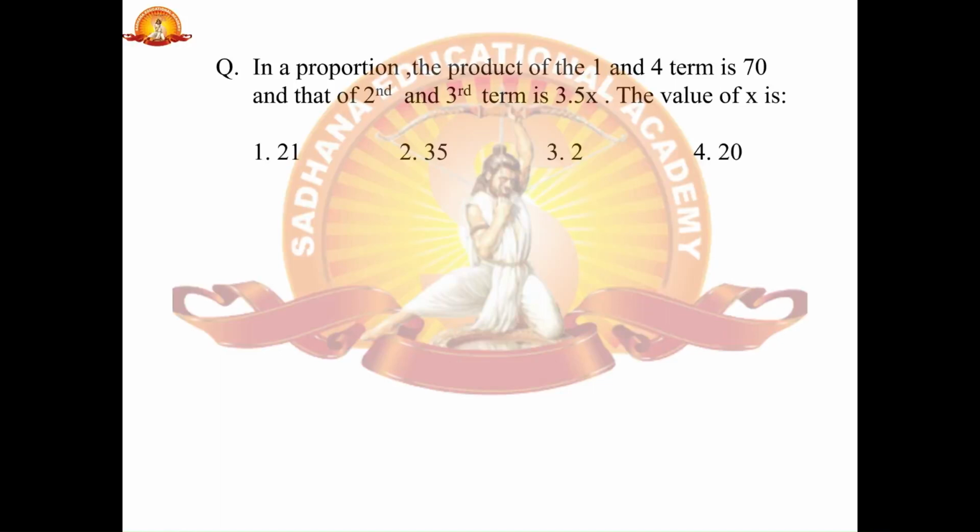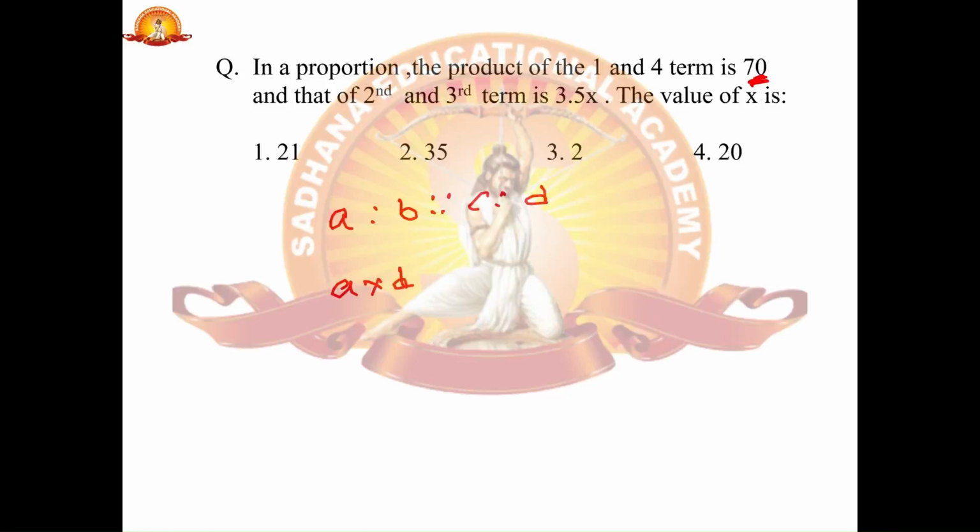In a proportion, the product of the first and fourth term is 70 and the product of the second and third term is 3.5x. The value of x is. So if I take the proportion as A is to B is to C is to D, it is given that the product of the first and fourth term is 70.